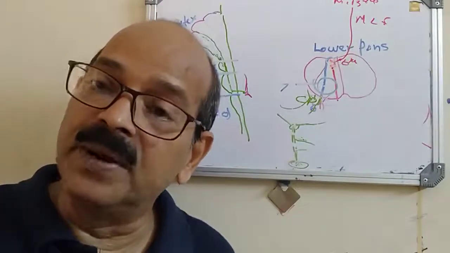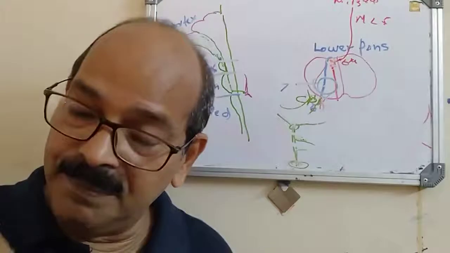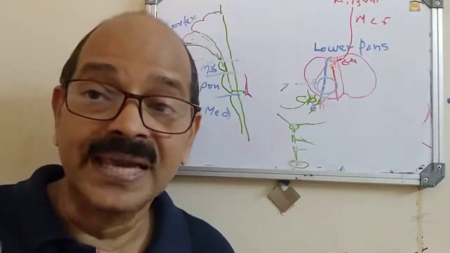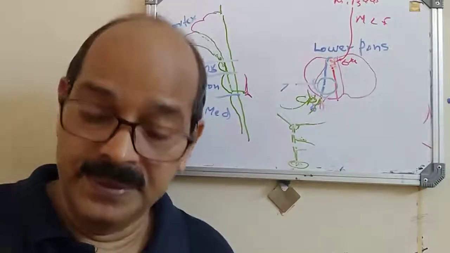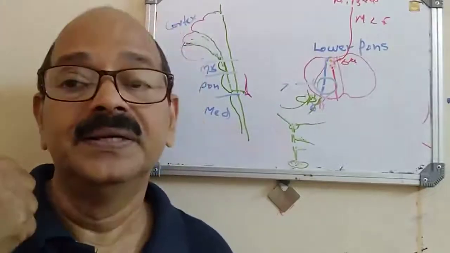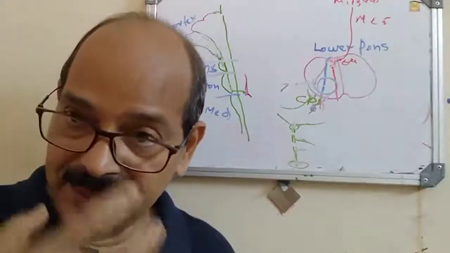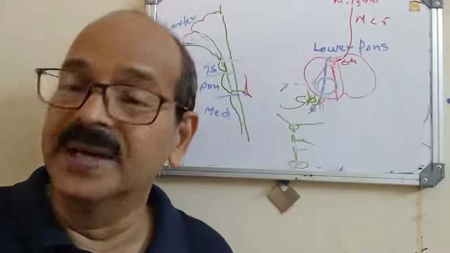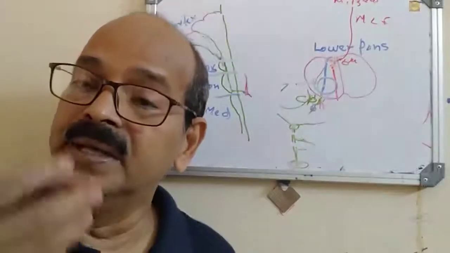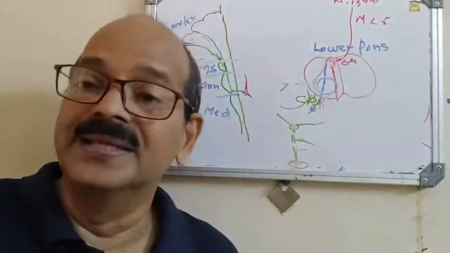The facial palsy you will get on the same side as the hemiplegia, as the long tracts are involved from there itself. There can be other manifestations depending upon the site.